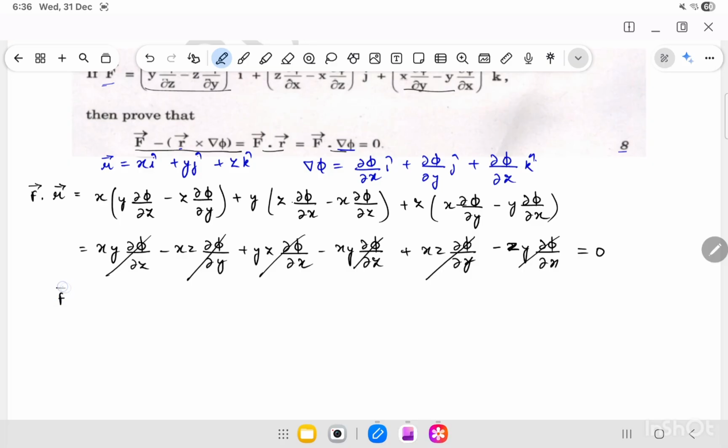So from here we have shown that the dot product of f vector and r vector is equal to 0.